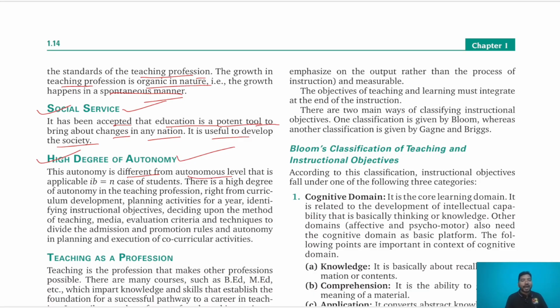That is applicable in the case of students, but there is a high degree of autonomy in the teaching profession, right from curriculum development, planning activities for the year, identifying instructional activities, deciding upon the method of teaching, media, evaluation criteria and technique, the admission and promotion rule, and autonomy in planning and execution of curricular and co-curricular activities.